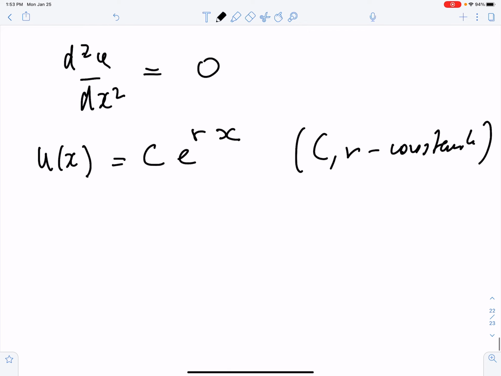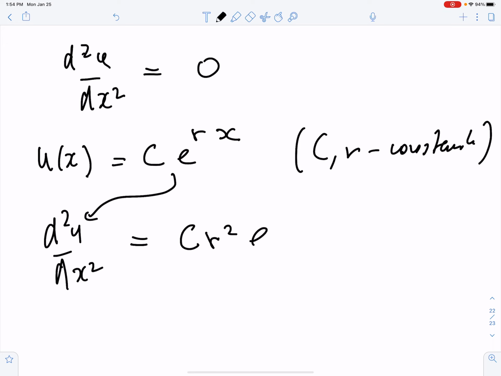All right. So then if you compute the second derivative, take this and plug it in, you get c r squared e to the rx, okay?